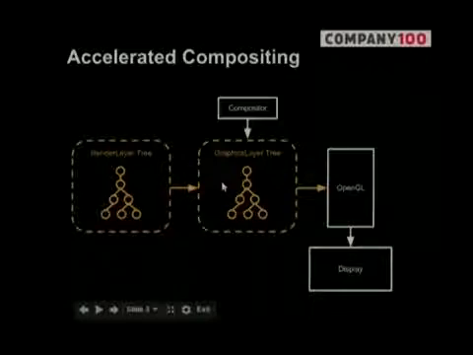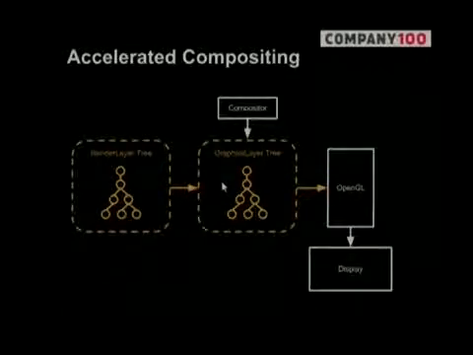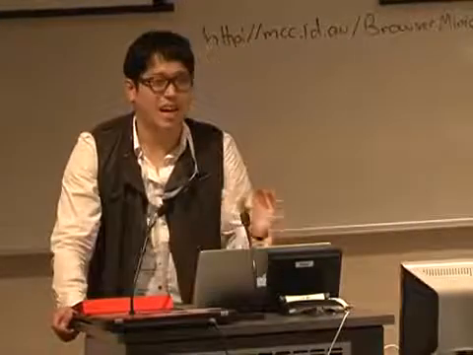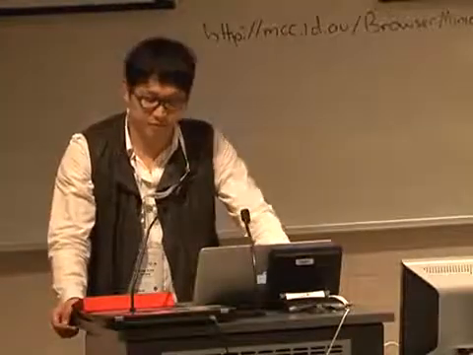Before I explain threaded accelerated compositing, I need to talk about what accelerated compositing is. Over the past 2 years, hardware accelerated compositing has been a hot issue, and almost all web engines have implemented this feature.